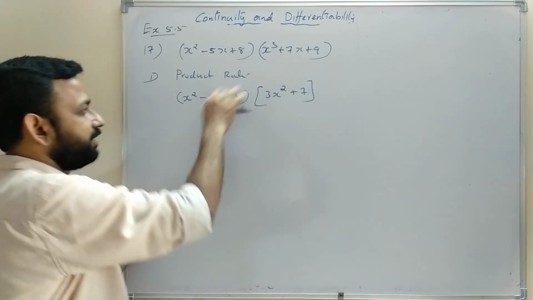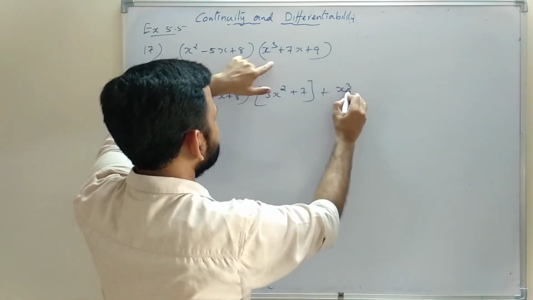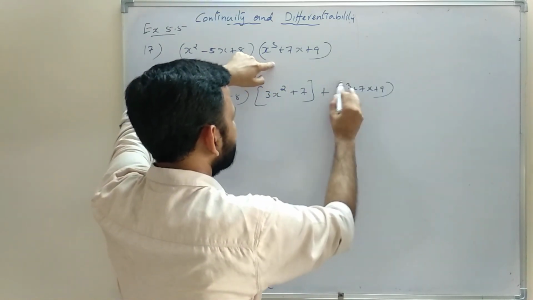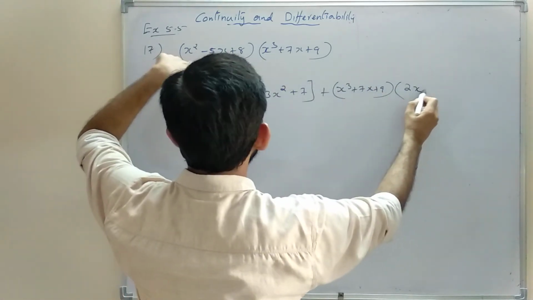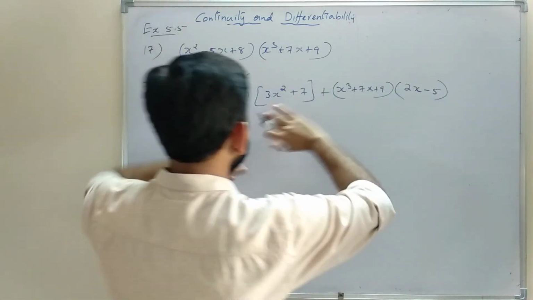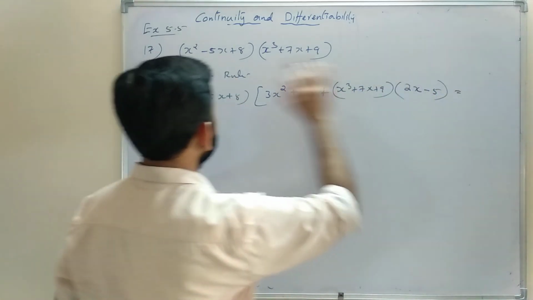So first function into derivative of second plus second function, that is x cube plus 7x plus 9, into derivative of first, that is 2x minus 5. So open the bracket and simplify, we will get an answer. That is the product rule.